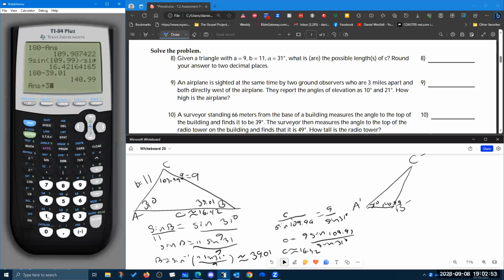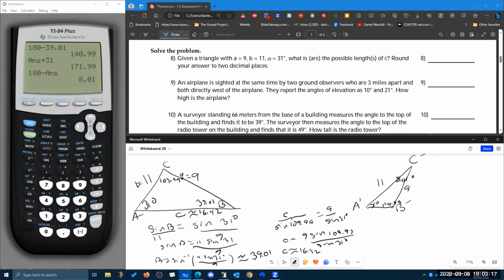We're going to add 31 degrees to that. Oh, we have less than 180 degrees, so there is a second triangle. 180 minus this answer is 8.01. And side A is still 9, and side B is still 11.